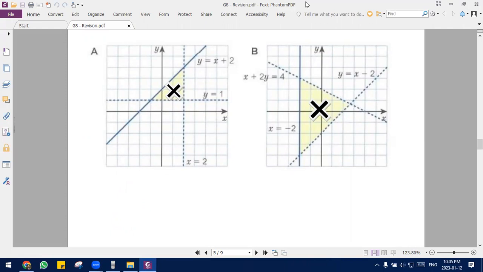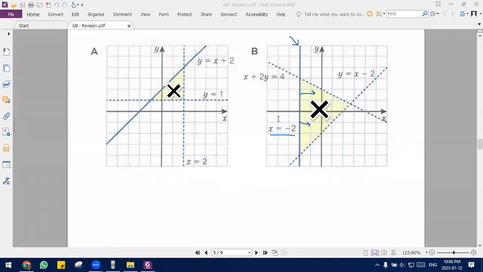Now let's do the second one. Let me start with the easiest one. We have this solid line. It's defined here, x equal to minus 2. But now we check the region, it's on the right, right? So when I go to the right, x will increase. So it means that x is greater than minus 2. But since we have the solid line, it means we have an equal sign also.